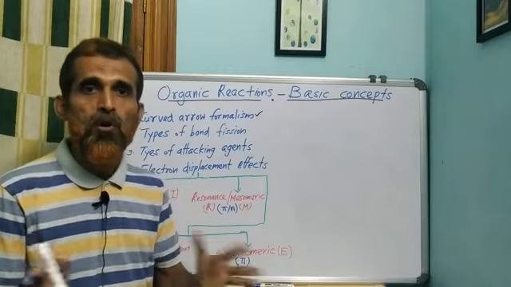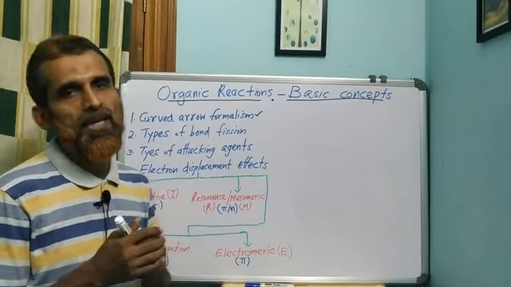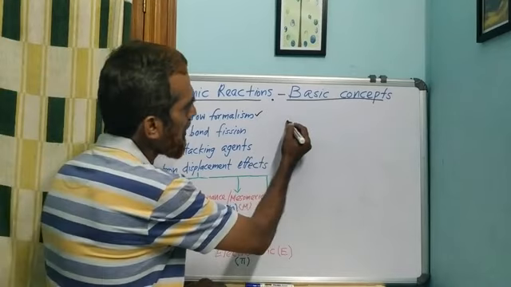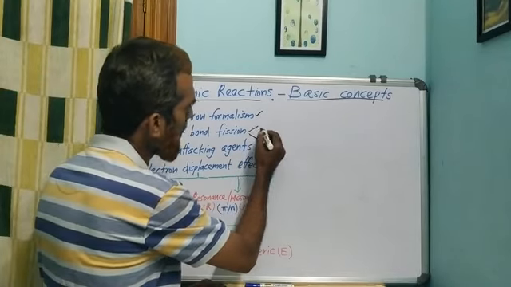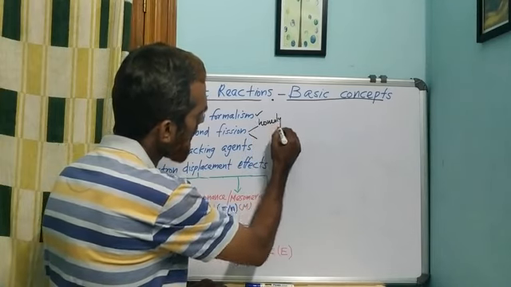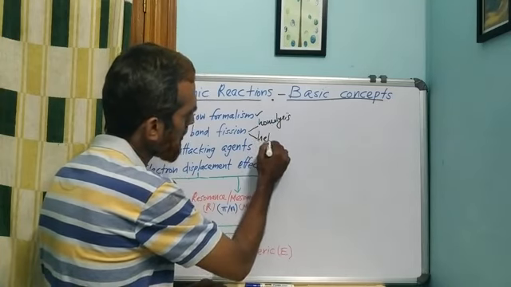How does a covalent bond break? There are two types of bond fission. One is called homolytic fission or homolysis, and the other is called heterolysis.